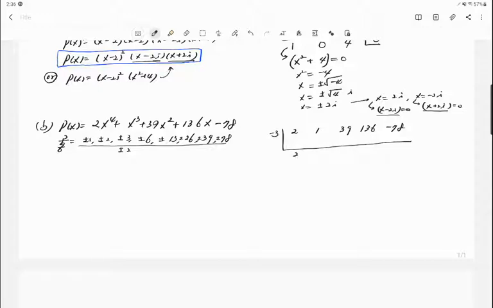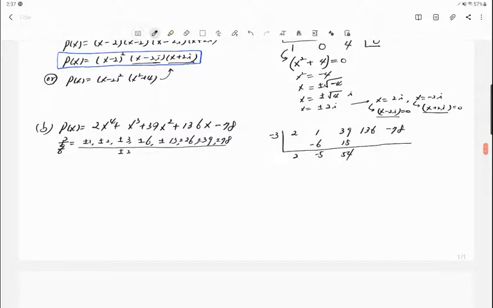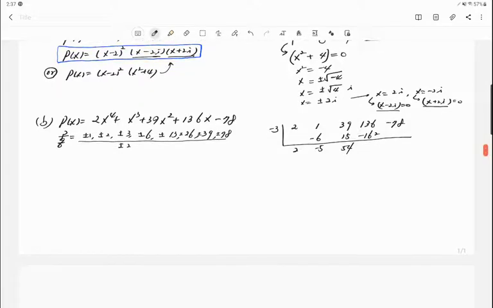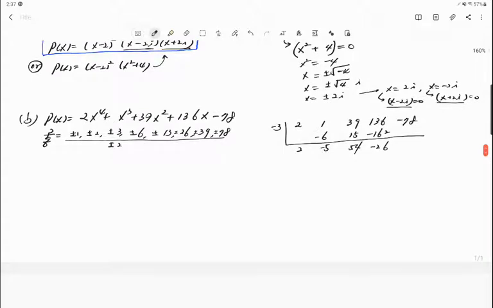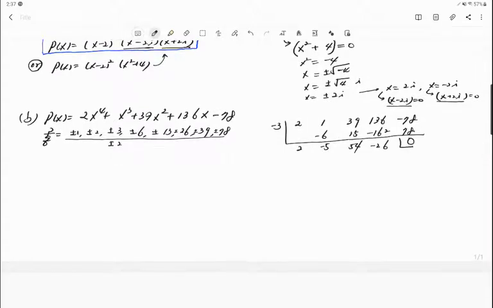I get 2 down, and negative 6, negative 5, positive 15, 54, multiply, 162, so add it, then 26, negative 26, then multiply by negative 3, so positive 78. So the remainder is 0, right?